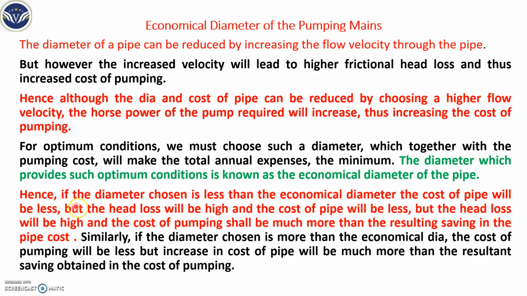Hence, for example, if you choose a pipe smaller than the economical diameter, say the economical diameter is around 24 centimeter, and you choose a 20 centimeter pipe, then the head loss will be high.